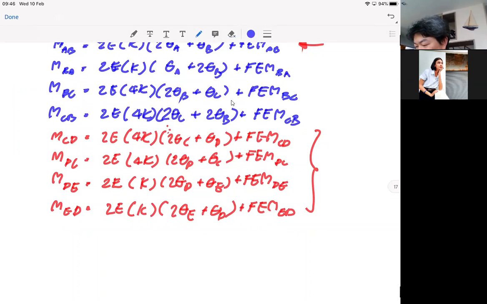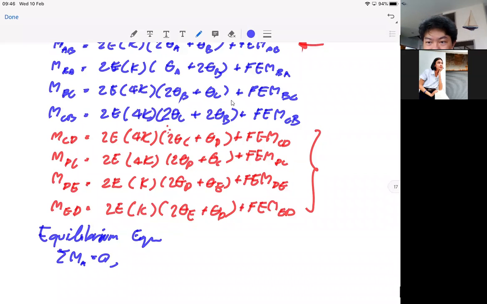The next step is the equilibrium equation. Because you don't take advantage of that, you're going to have to write sigma MA equal to 0. And sigma MA equal to 0 means, because at A we only have MAB, right? So basically it's that equation.